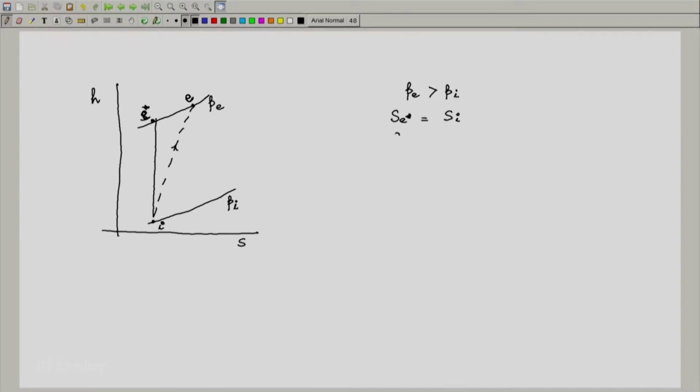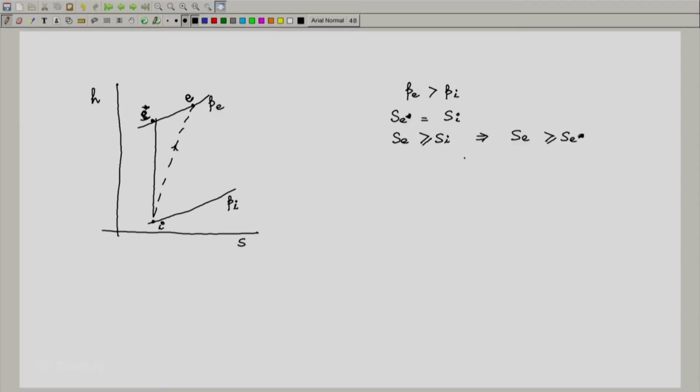Now, in this case Se, that is the actual exit state, is greater than Si, which implies Se is greater than or equal to Se star, because it could still be ideal in some cases. So, in a compressor, the enthalpy at the exit is higher than the enthalpy at the inlet. So, He is definitely greater than Hi.